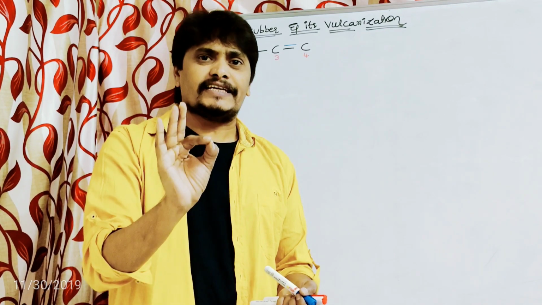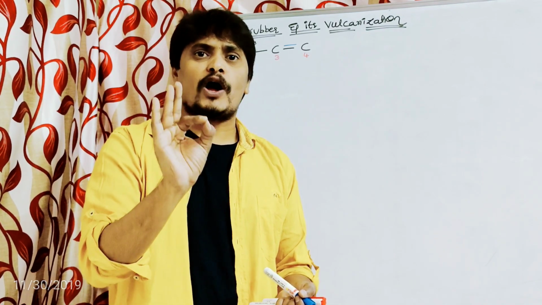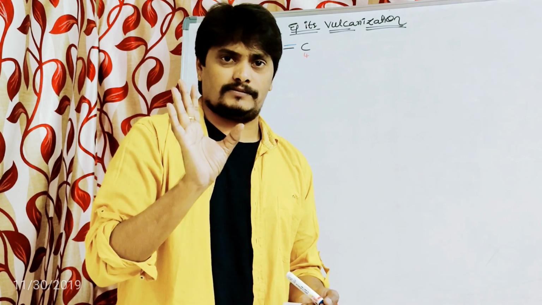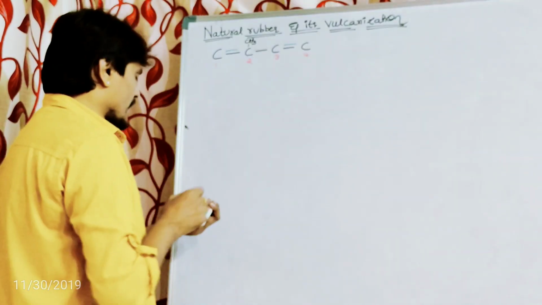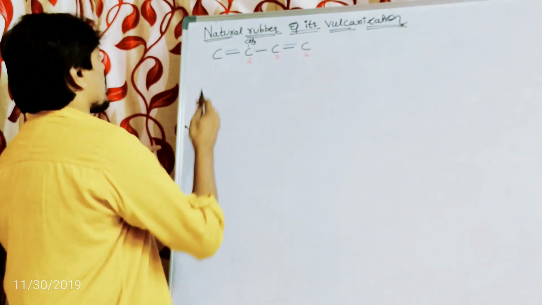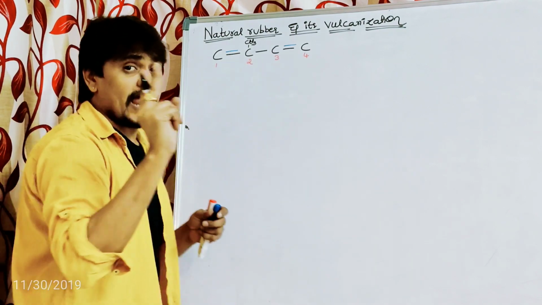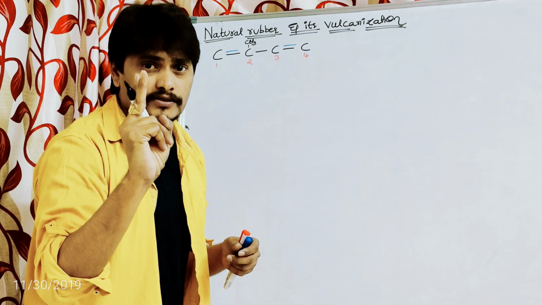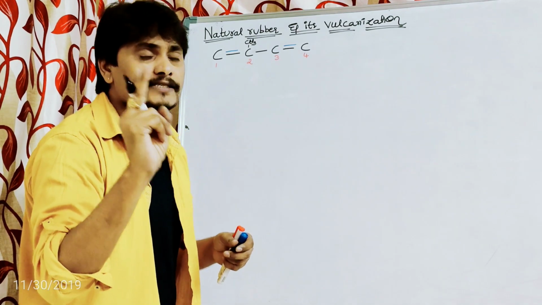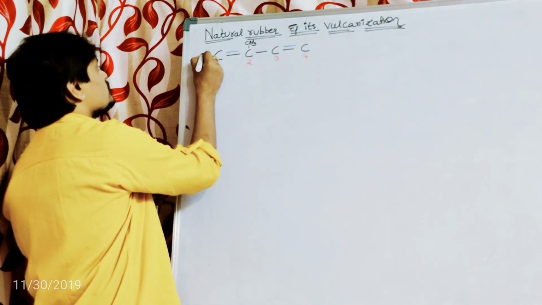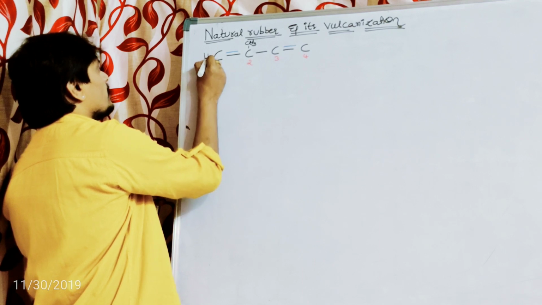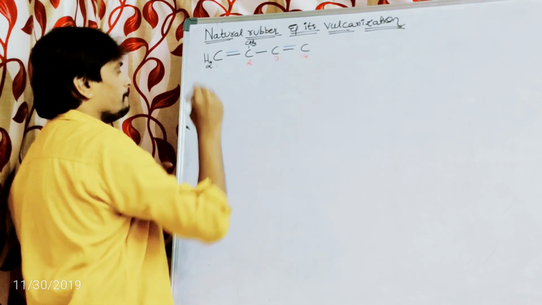If it is lacking bonds, then we have to place hydrogens. Around the first carbon, how many bonds are there? 1, 2. So it is lacking 2 bonds to satisfy its valency, so we place 2 hydrogens here.